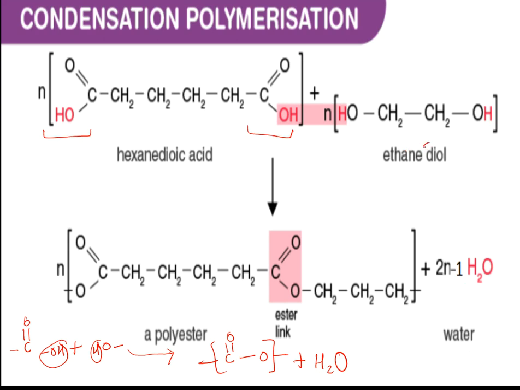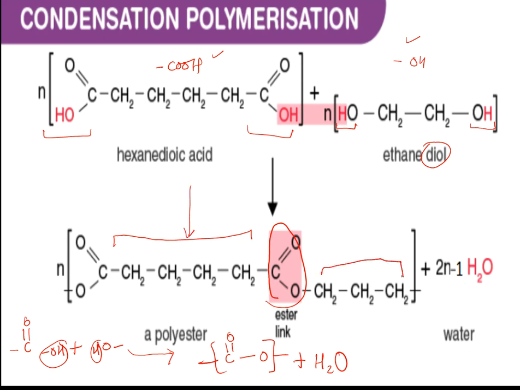Diol means alkane with 2 hydroxyl groups in them. So the linkage between carboxylic acid and alcohol will form the ester. This fragment is coming from dioic acid and this fragment is coming from the alcoholic part.